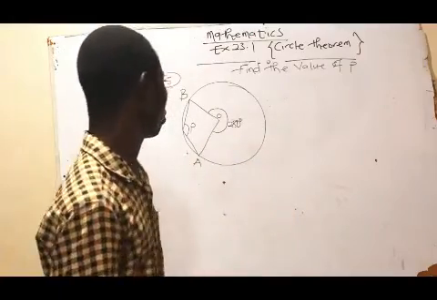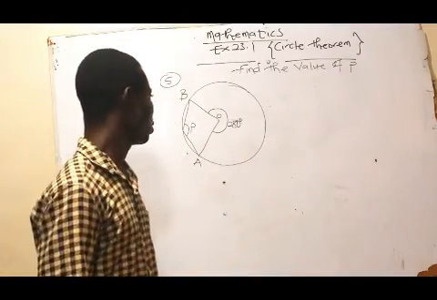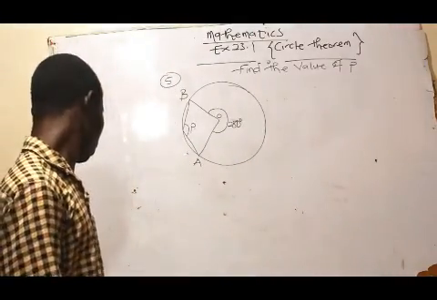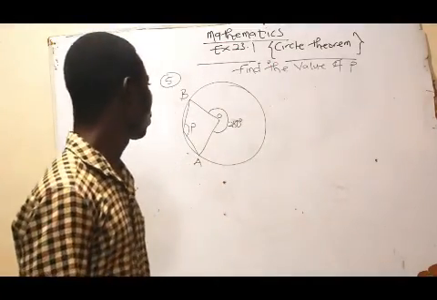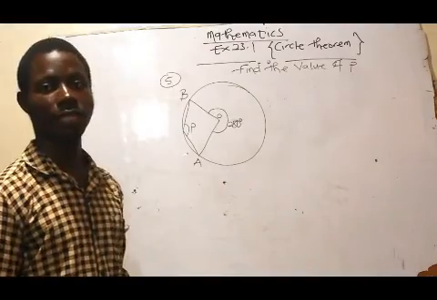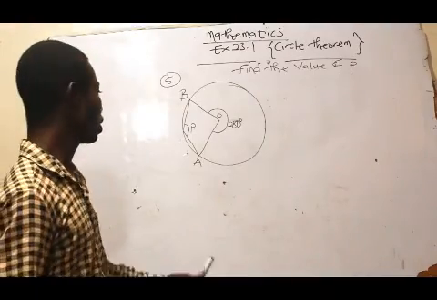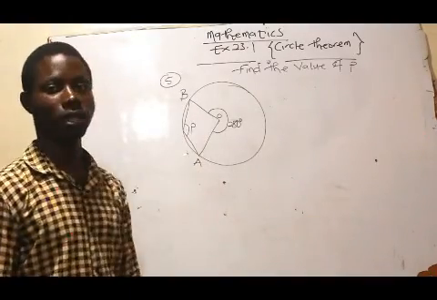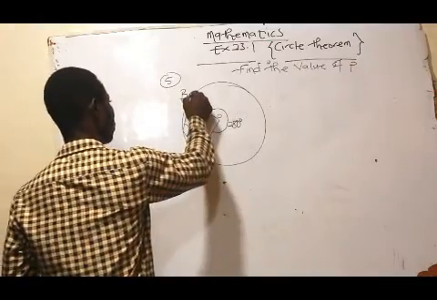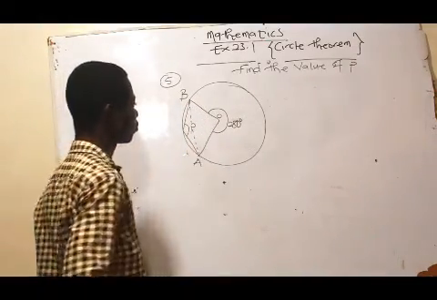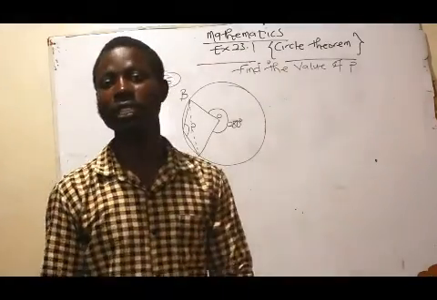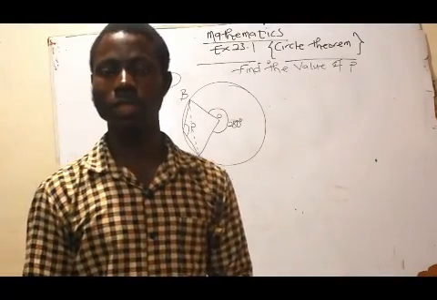So we are on question 5, and we are told to find the value of p. Now let's assume that there is an imaginary chord joining A to B. Now this chord is subtending an angle at the center of the circle.